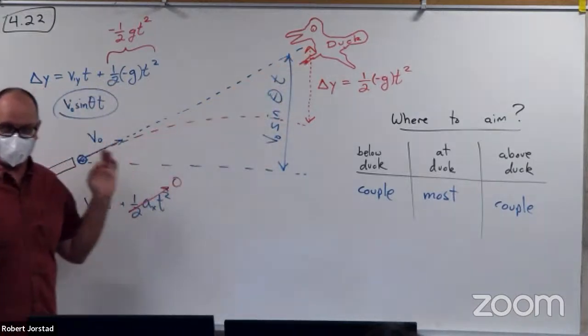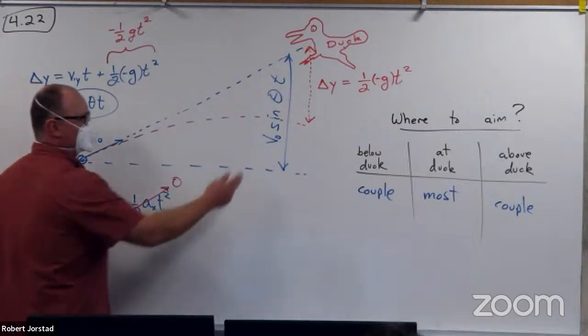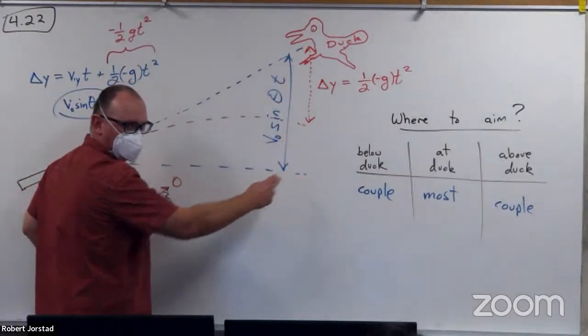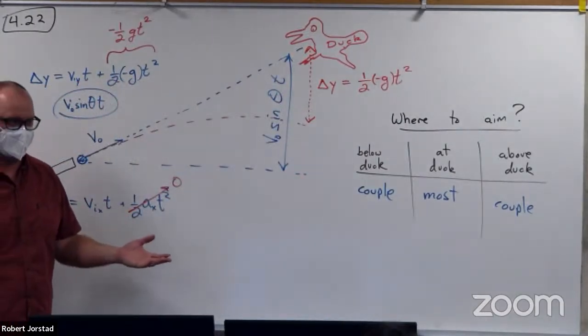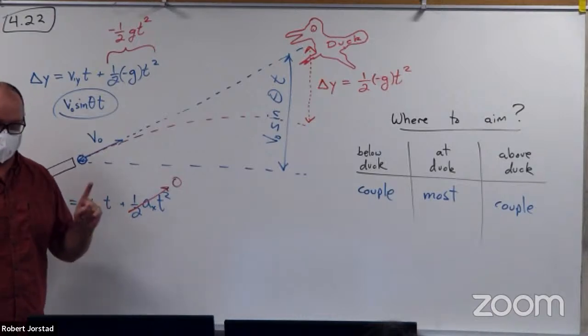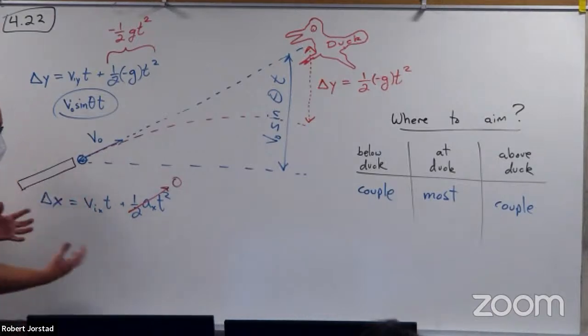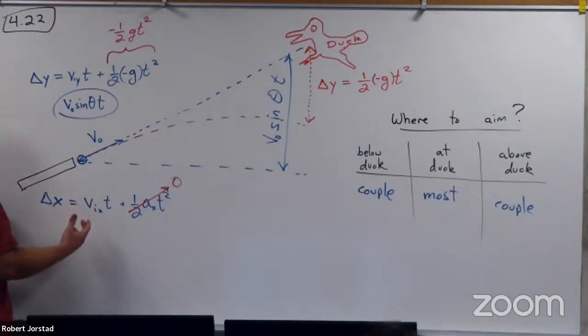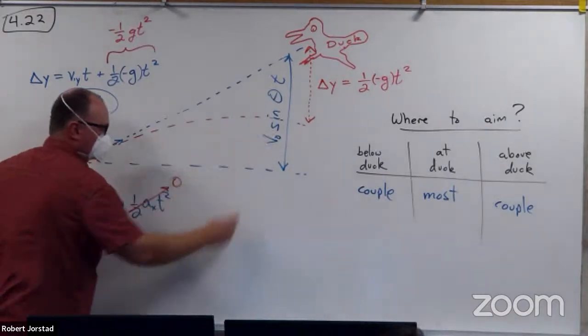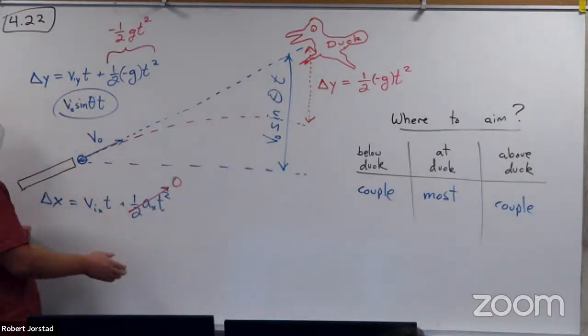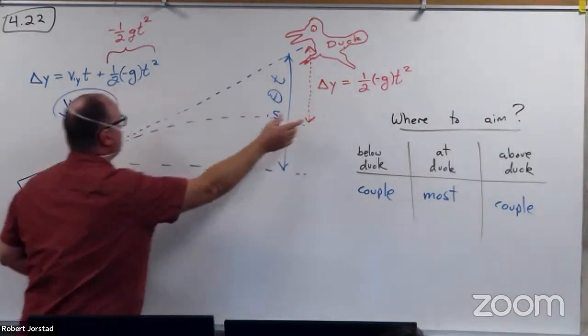More. So the main difference here is the duck is going to fall and you'll hit lower, and it'll take a little bit longer. But this shouldn't change where we aim. Do you agree? The physics is still the same as far as that goes. So what changes is the time of flight and the impact location, but it doesn't change the fact that the amount the duck falls is equivalent to the amount the ball drops.